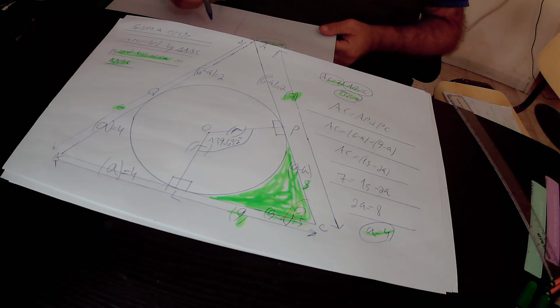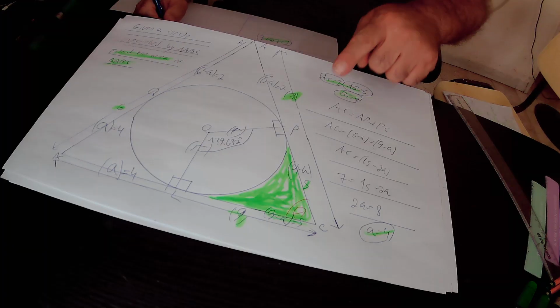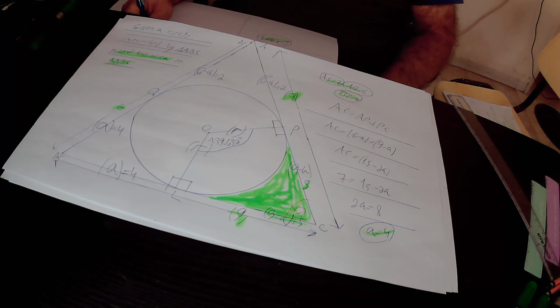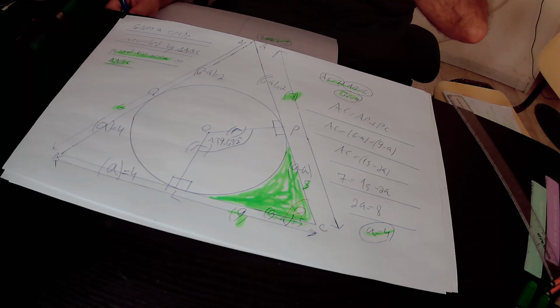The area of the green shape, that is the area we are looking for in this question, is equal to the area of this quadrangle POLC minus the area of this sector POL.